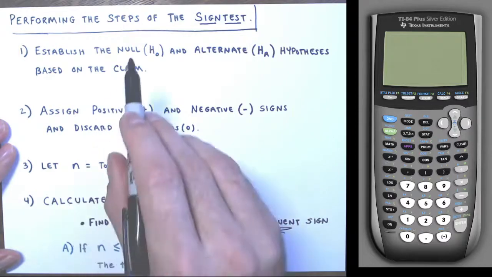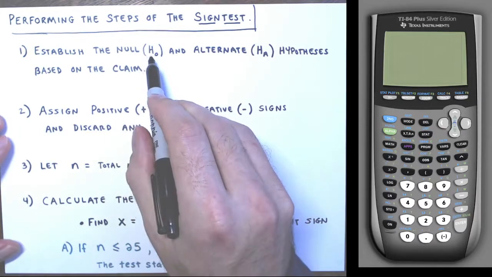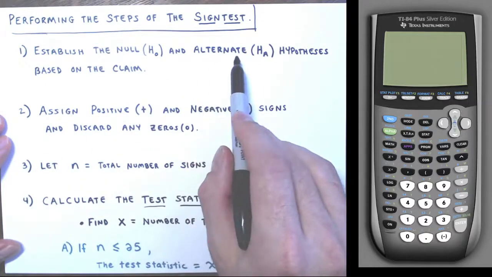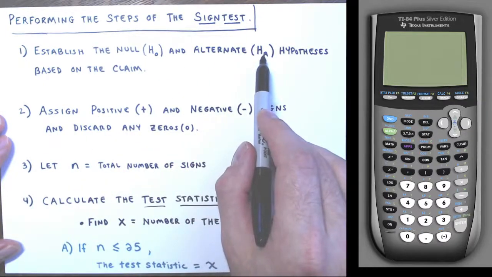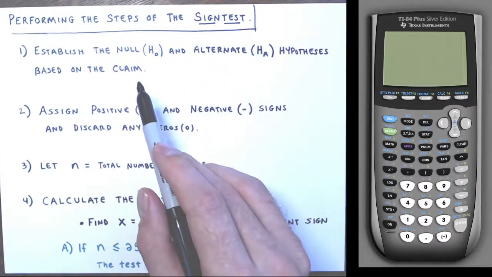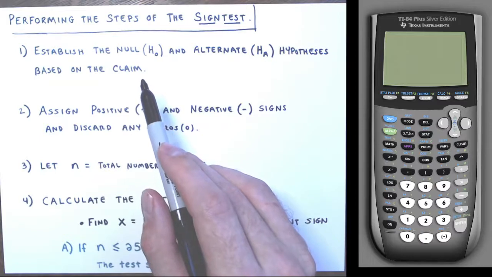And if you recall, the null hypothesis always had equality involved, and this was what was to be assumed to be true. And the alternate hypothesis was either the claim itself or the opposite of the claim, and it always depended upon how the claim was stated.